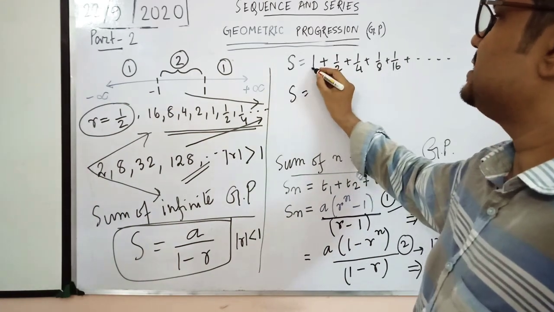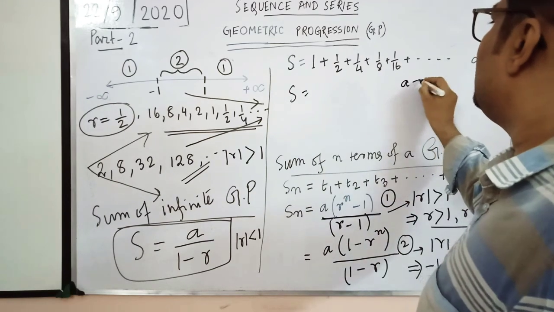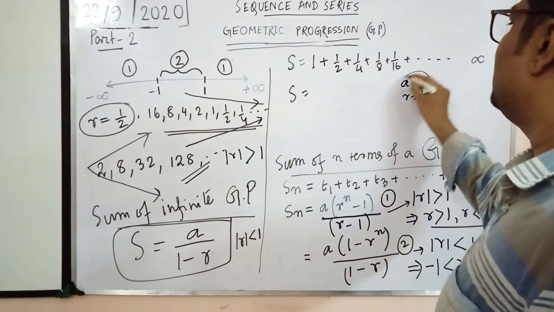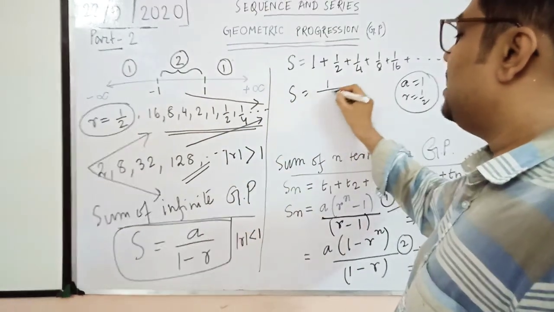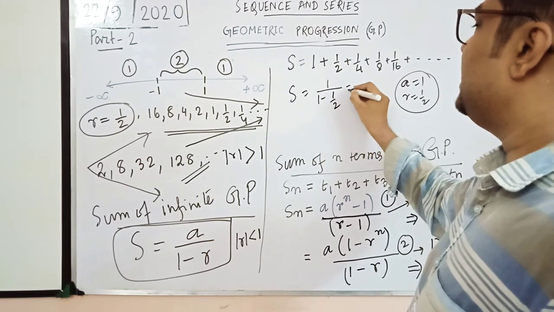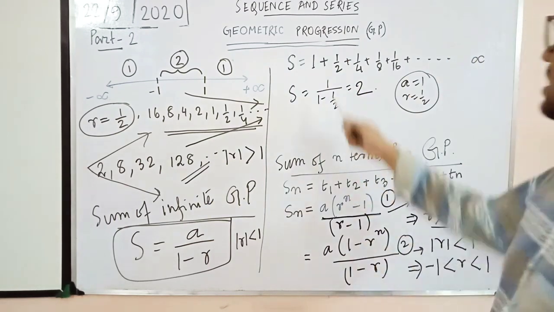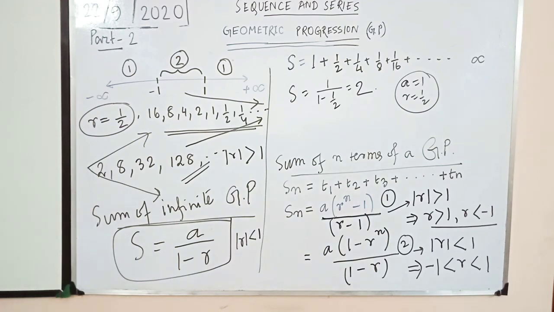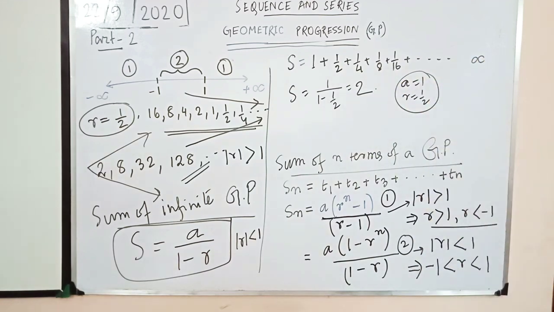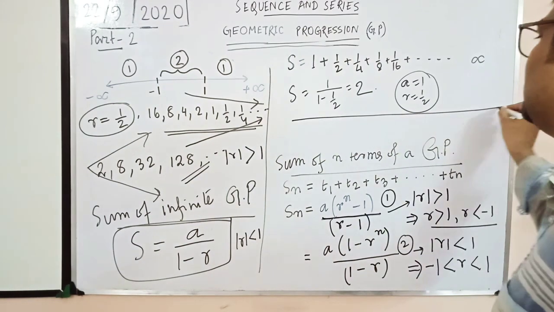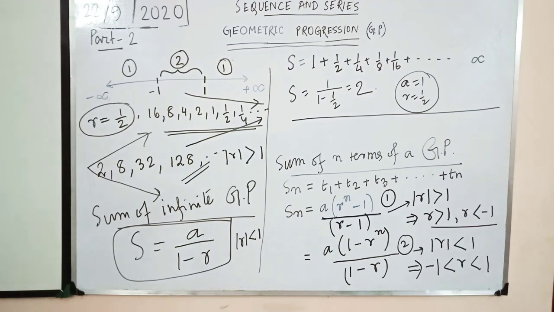What is a? a is the first term. So here a is equal to 1 and r equals half. So you put a by 1 minus r: 1 by 1 minus half, which gives you 2. So the summation of this series becomes 2. That means 1 is already there, and all these fractions, if you continue up to infinity, can give you at most another 1. So S equals 2. This is a simple application of the sum of infinite GP.